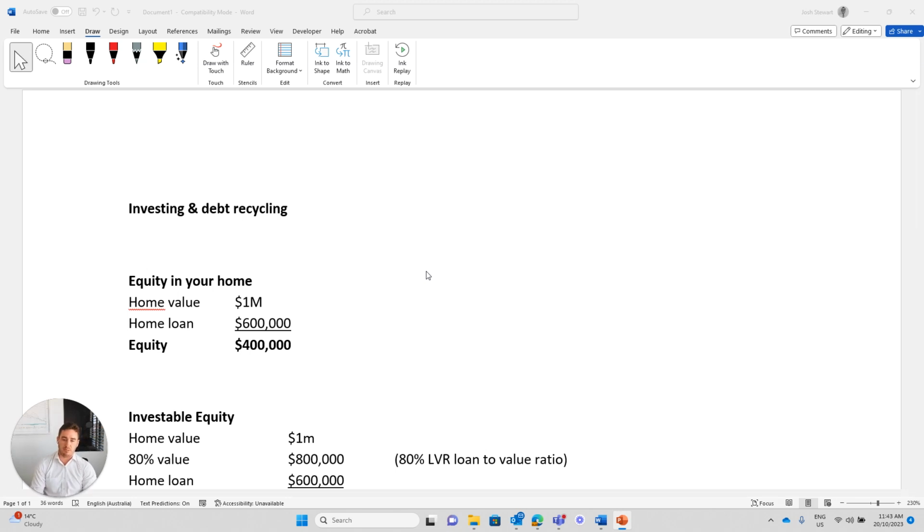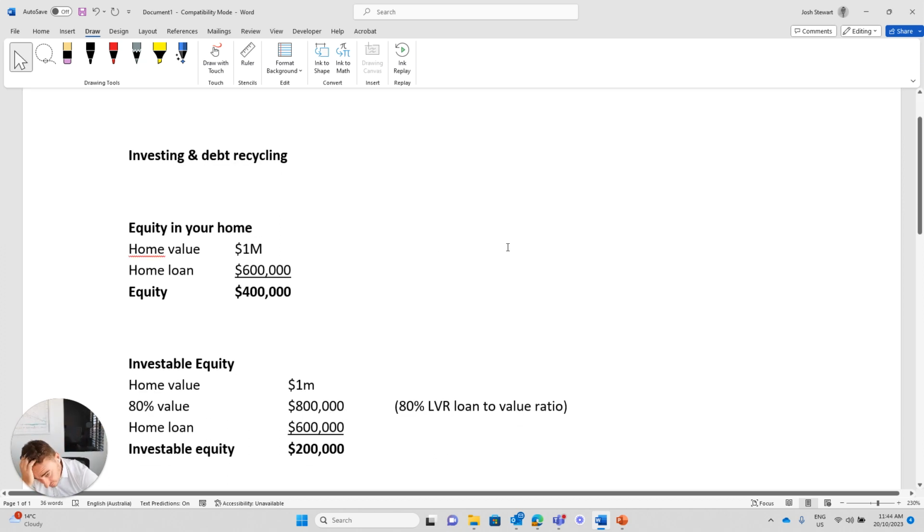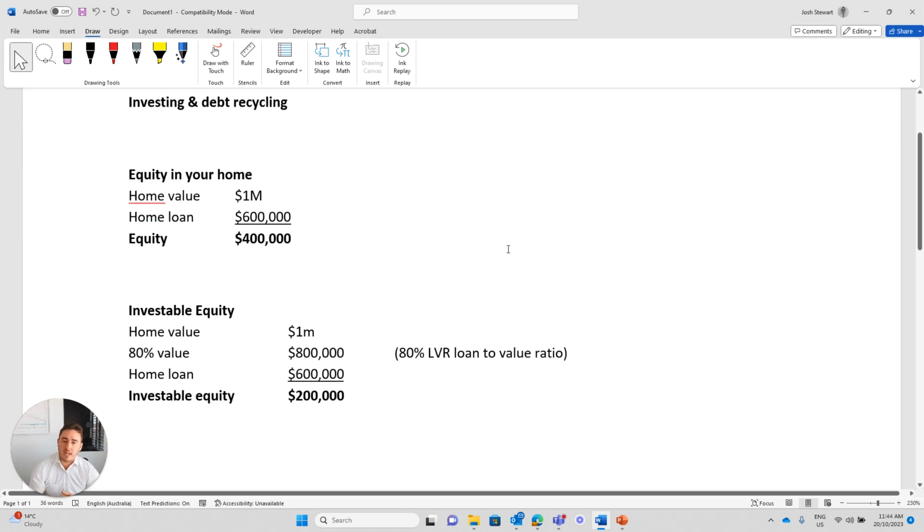I'll also try and explain what the actual strategies are that these other people are spruiking, how it works, and we might even discuss just a little bit of the risks, issues, and things to consider about it. Okay, before jumping into those things, all right, so investing and debt recycling.